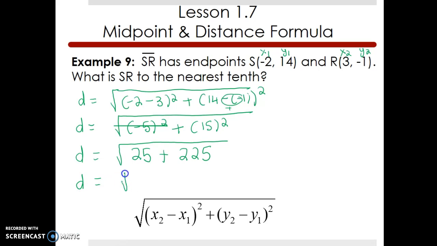So that is square root of 250. And again, I'm going to plug it in the calculator and round it to the nearest tenth. So square root of 250 gives me 15.81, which is going to be 15.8.